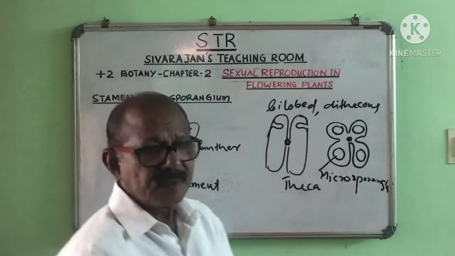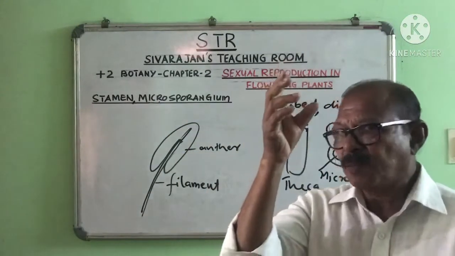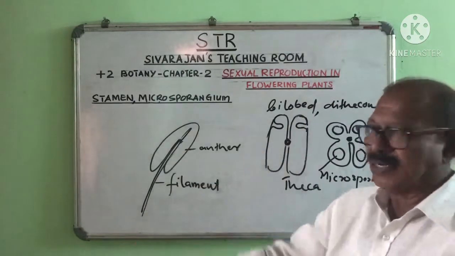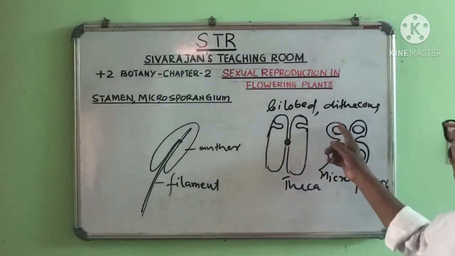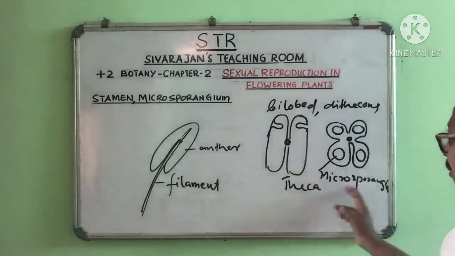Microsporangia are small cavities running lengthwise in the four corners of the anther.